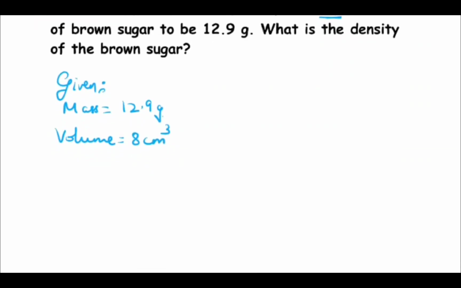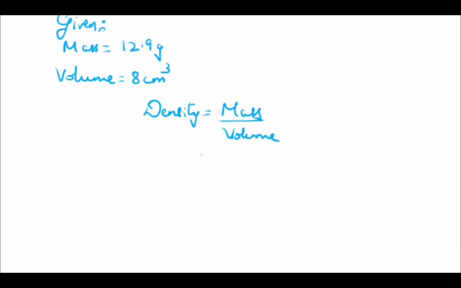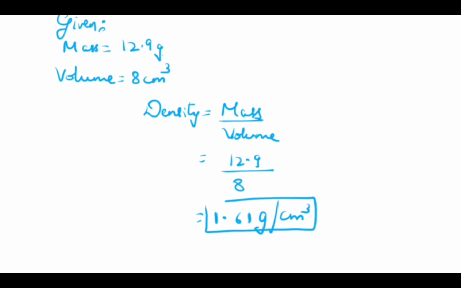What is the density? Density is equal to mass upon volume, which is equal to 12.9 upon 8. Let me calculate that. 12.9 divided by 8 is 1.61 grams per centimeter cube. Understood, children?